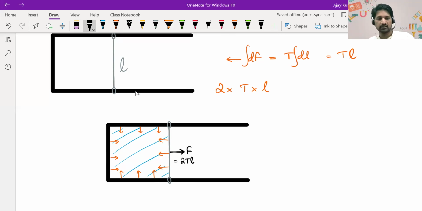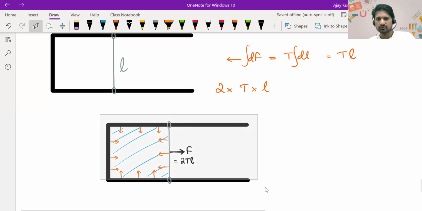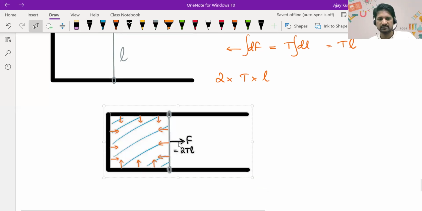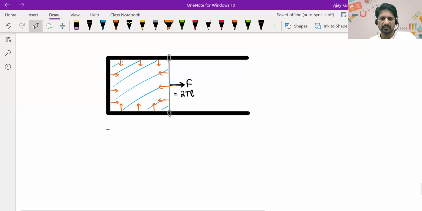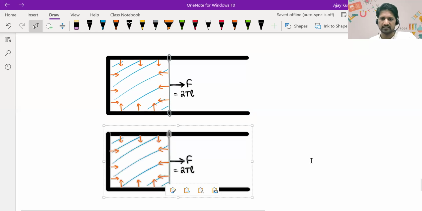Why should we slide the wire in the opposite direction? If you slide the wire to the right gently, you will end up increasing the surface area of this film of soap solution. So imagine sliding that wire gently to the right.